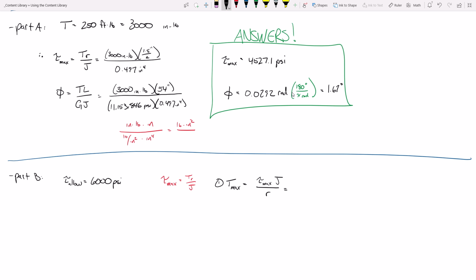Just solve for T. Actually, let me rewrite that and say allowable. What is that? 3,976. Hold on.